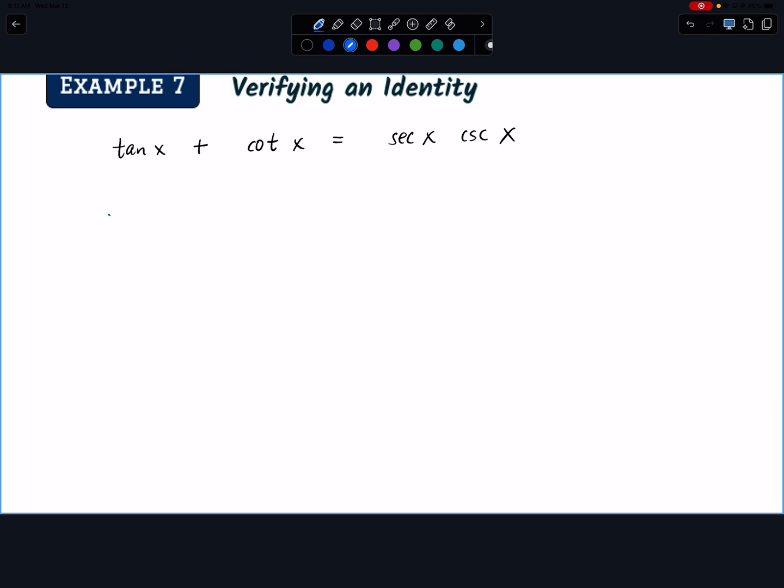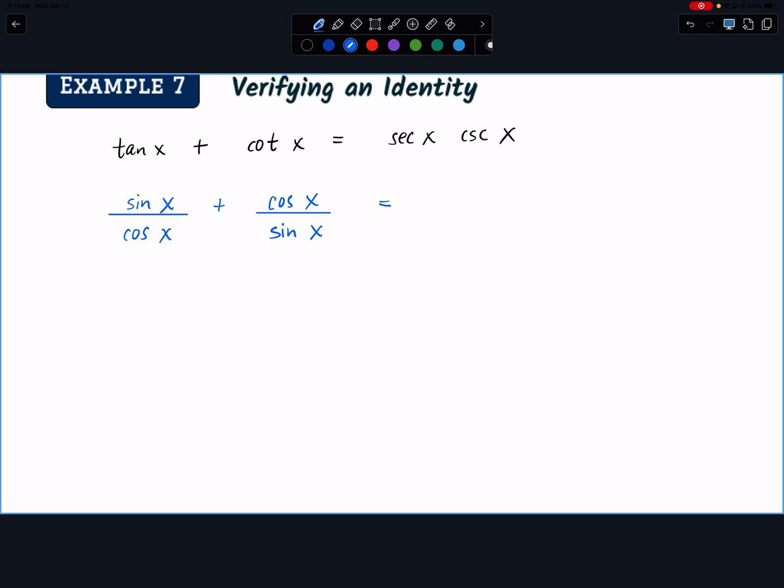So tangent of x is the same thing as sine x over cosine x, plus cotangent of x is the same thing as cosine x over sine x. Okay, so please don't tell on yourself right now. If you guys don't know those by now, please learn them. Okay. To add fractions, I must have what? Common denominator.